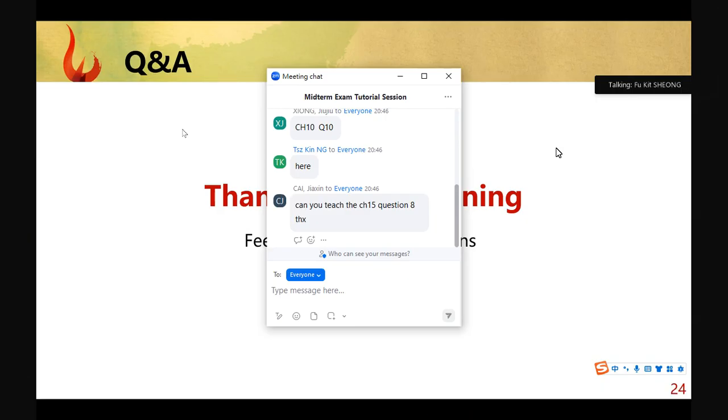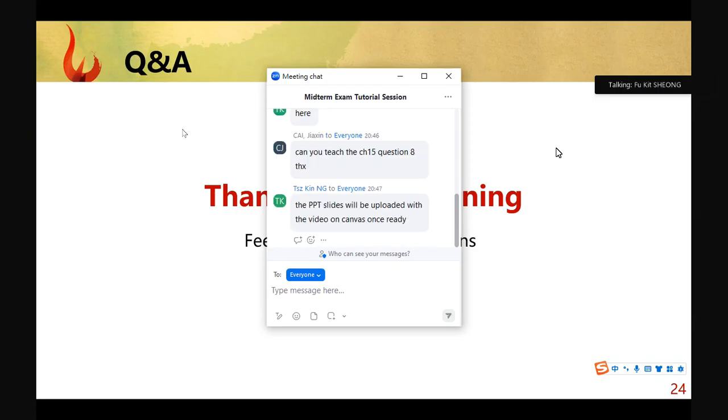The slides. I don't remember actually. Okay, so the slides will be uploaded with the video. It might take a few hours to half a day, then you will have everything uploaded on Canvas.